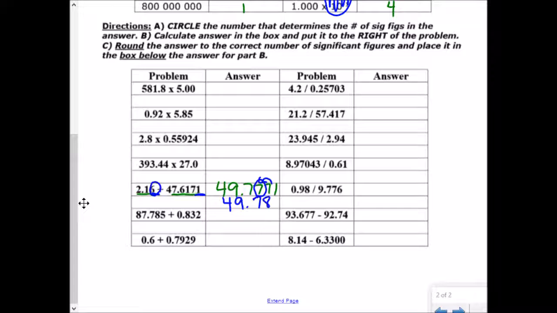All right, let's do this subtraction one down here, because subtraction and adding follow the same rule. Let's do the subtraction, get our calculator answer. I want to see on all of your papers the calculator answer, the circling, and then the rounded answer. So my calculator answer ends up being this.